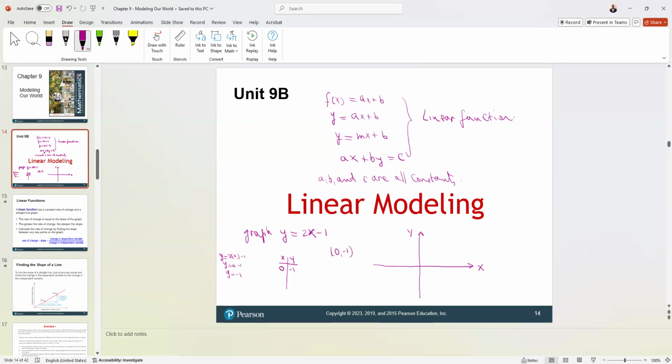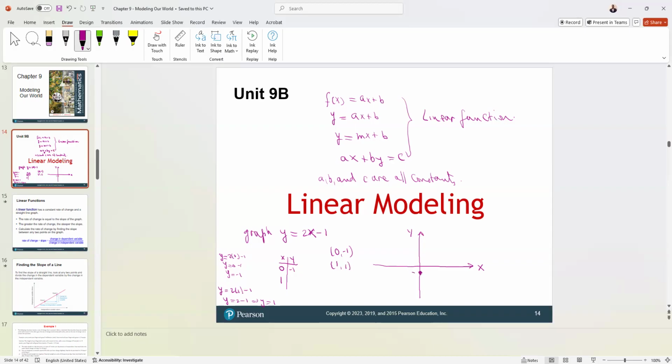So what if x equals 1? If x equals 1, we're going to have y = 2 times 1 minus 1. y would be 2 minus 1, so y would be 1. So when x is 1, y is 1. If you plot these 2 points, when x is 0, y is negative 1.